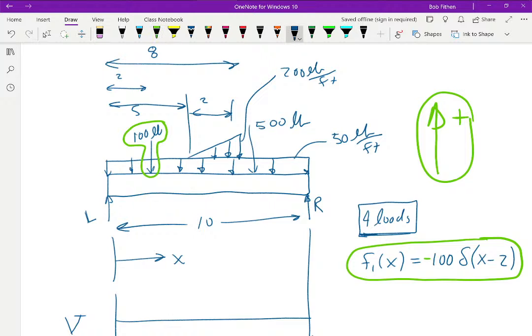So let me put a minus sign here. Okay, I'm sorry I'm quiet over here, but give me a second.